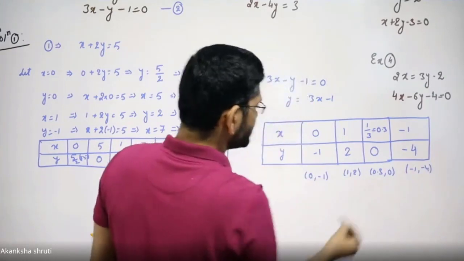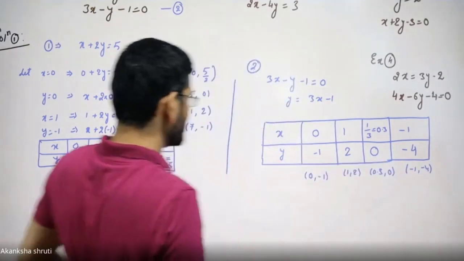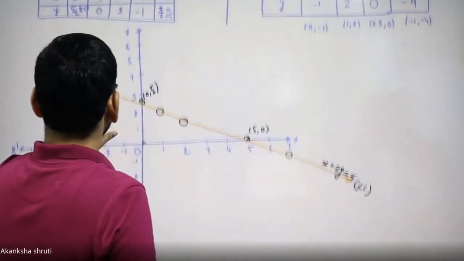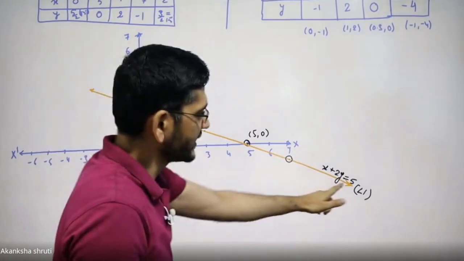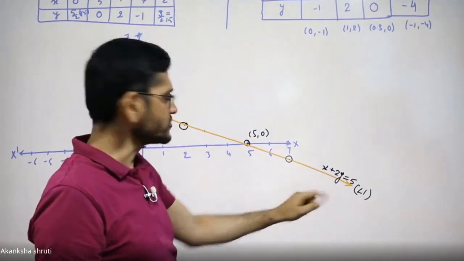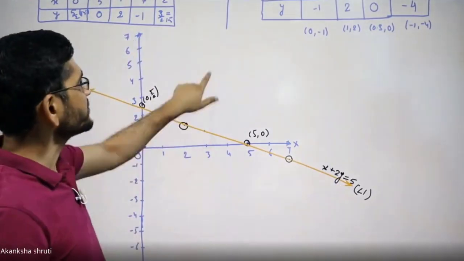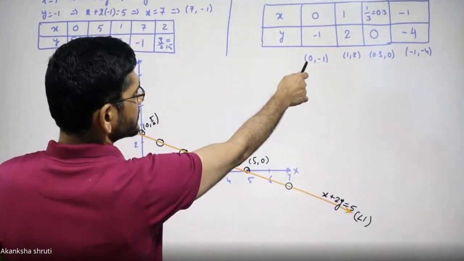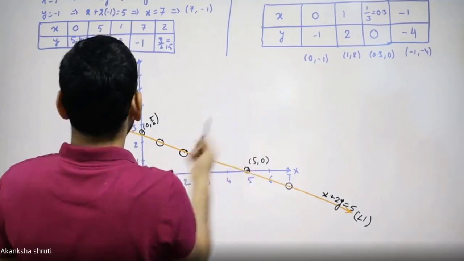So these are the 4 points that we have to plot on the same plane on which we have drawn one of the lines. Okay, student? So let us plot these points. Now x is 0, y is minus 1.